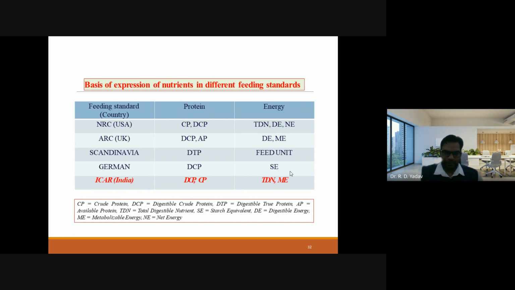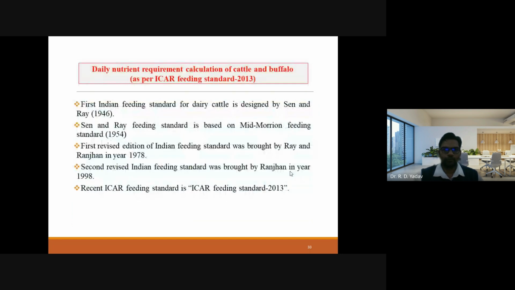And so many standards are there, NRC, ARC, NRC based on CP and DCP, and the energy predicted by the TDN. Daily nutrient requirement of cattle and buffalo as per ICAR. Here I am providing some data regarding the body weight and their requirement as per the ICAR 2013 standards.